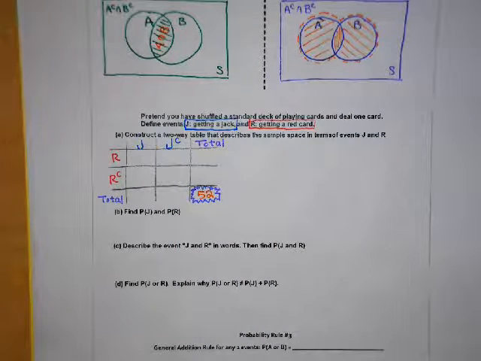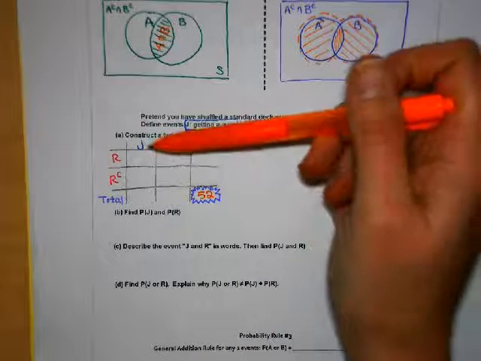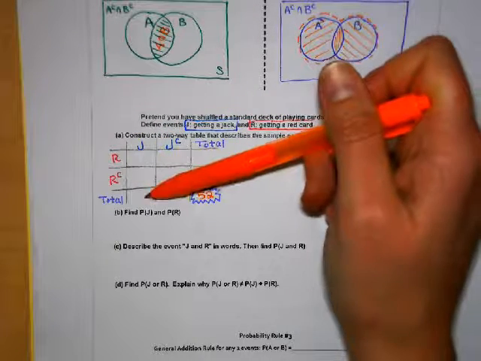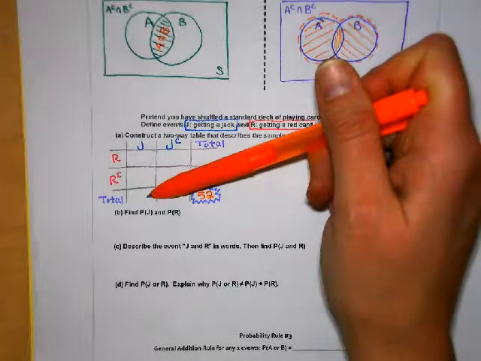And then we're going to fill in the table. I'm going to start with J. J means getting a jack. How many total jacks are in a deck of cards? 4.